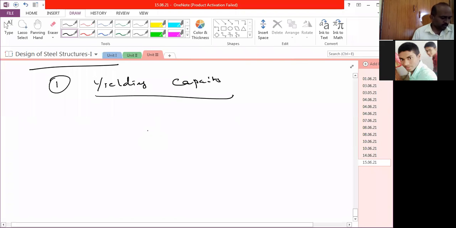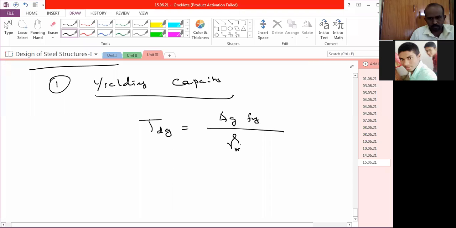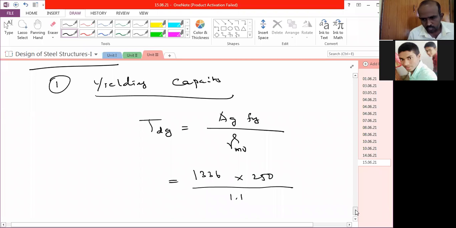So what is the formula you have to use? Yielding capacity, Tdg. Come to page number 32 and 73. Don't forget. Page 32. So Tdg is equal to Ag fy divided by gamma m0. So what is Ag we have provided? Based on ISA 100 by 75 by 8, 1336. 1336 multiplied by 250 divided by gamma m0 1.1. So what is the yielding capacity?